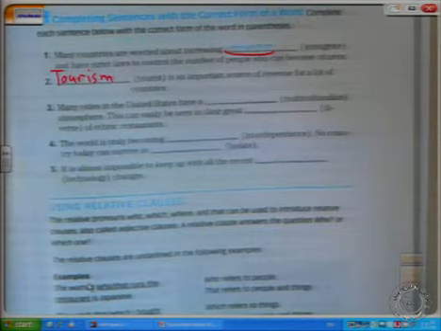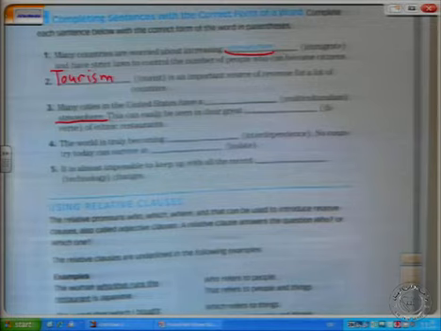Sentence number 3. Many cities in the United States have a multiculturalism atmosphere. Here we have the noun atmosphere. Atmosphere is a noun, and it needs an adjective. The adjective from the word multiculturalism, if you remember, is multicultural.